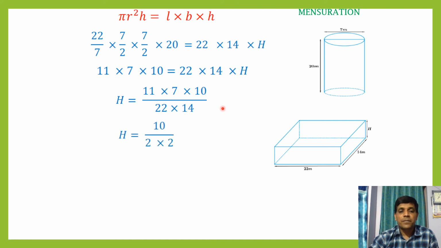What is the remaining value? 10 by 2 into 2, and 2 ones are 2, 2 fives are 10. The remaining value is 5 by 2, or 2.5. So h equals 5 by 2, or 2.5. What is the value of the height of the platform? H equals 2.5 meters.